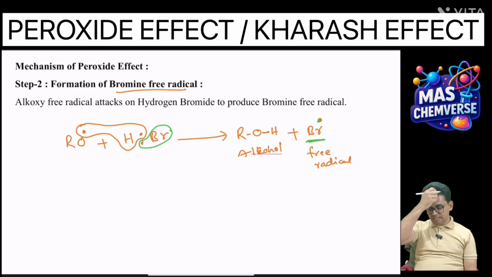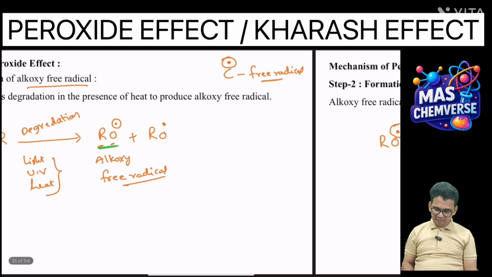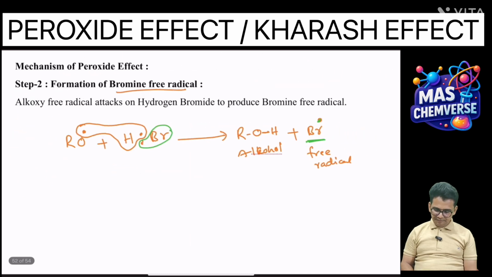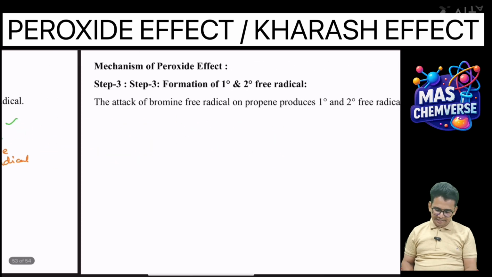This is called the free radical. This is the second step. In the first step, the alkoxy free radical forms. In the second step, the alkoxy free radical reacts with hydrogen bromide, producing a bromine free radical. In the first step alkoxy is the free radical, but in the second step bromine is the free radical.